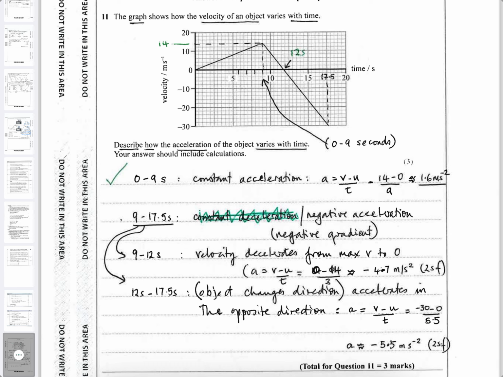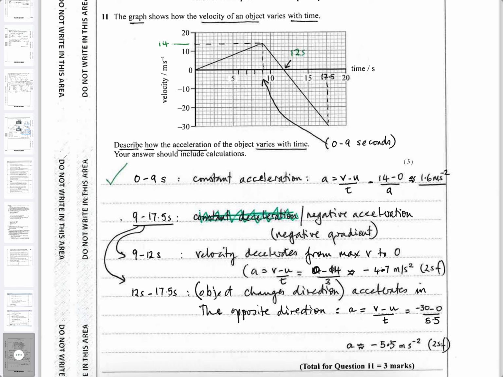I was putting 14 minus 0, but since the final velocity was 0 between 9 and 12 seconds, and 3 seconds total, it goes 0 minus 14, which gives you a minus acceleration of 4.7 meters per second squared.